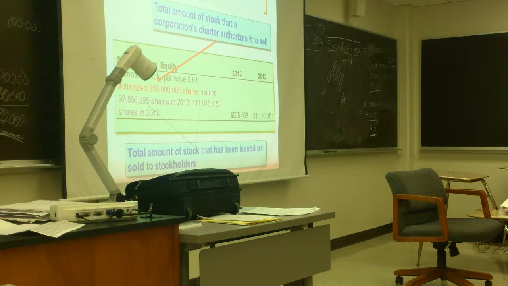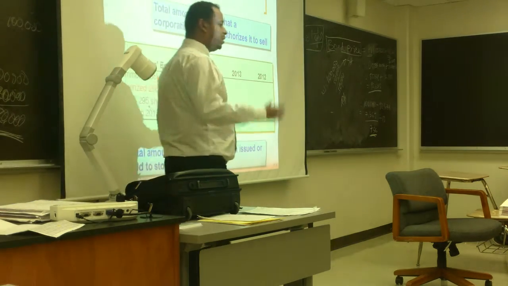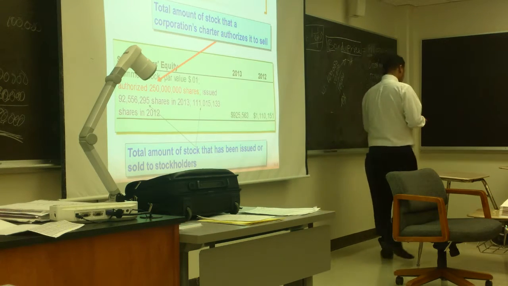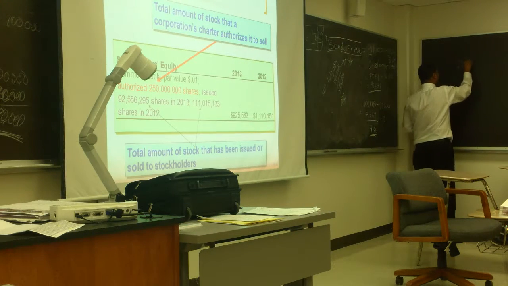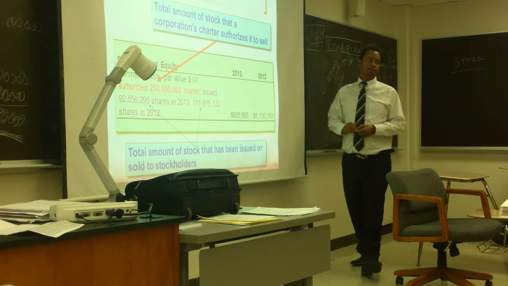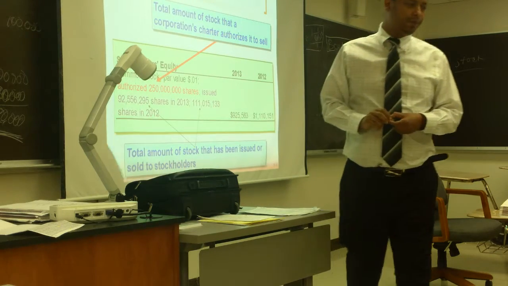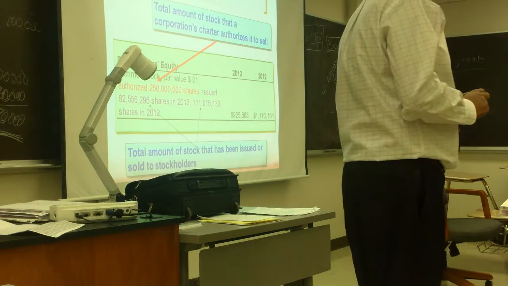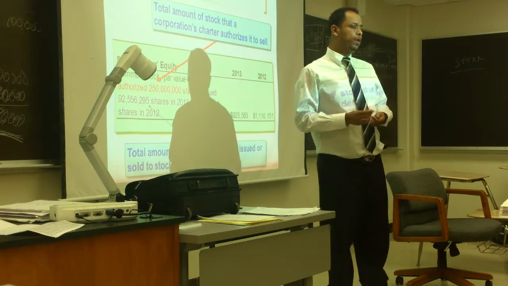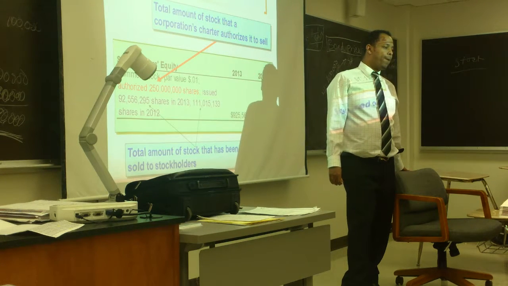So we have stock. What does that mean when we say stock, by the way? Can anyone tell me what stock is? Yes, go ahead. There are different types of stock. Yeah, we have two types of stock. There's common stock, and the shares, the corporations and all that stuff. Right? What else? Market value.